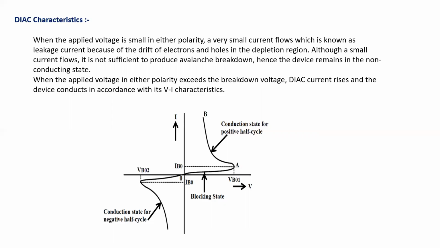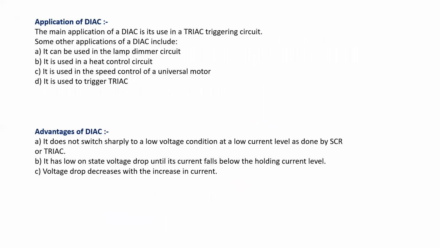After this point, again there is a decrease in voltage across the DIAC. Before triggering, or before the DIAC comes into the on state, it remains in the blocking state, and when it comes into conduction, that stage we call the conduction state.